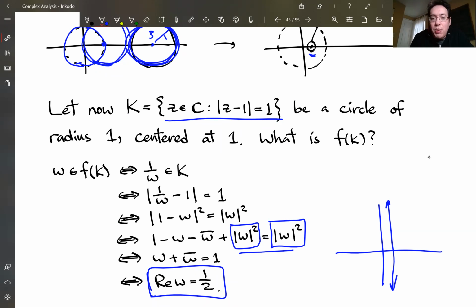Okay, so a circle can map to a different circle, or if it happens that the coefficient of W squared cancels out exactly, then you could get a line. So that's a possibility as well.